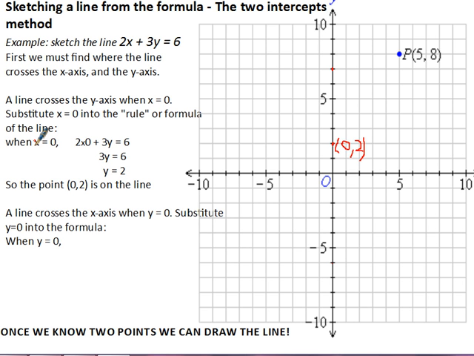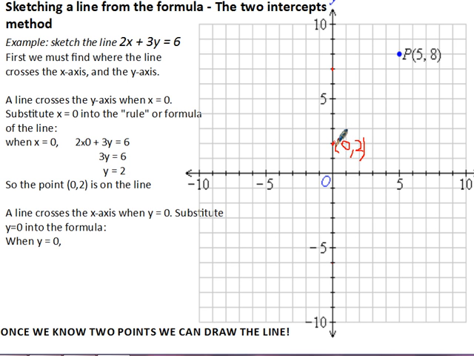So let's try that. When x equals 0, 2x plus 3y equals 6 becomes 2 times 0 plus 3y equals 6. Now 2 times 0 is of course 0, so the left hand side just becomes 3y equals 6, and therefore if I divide both sides by 3 I get y equals 2.